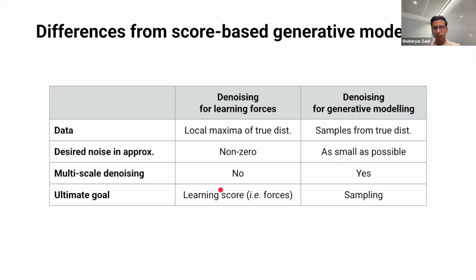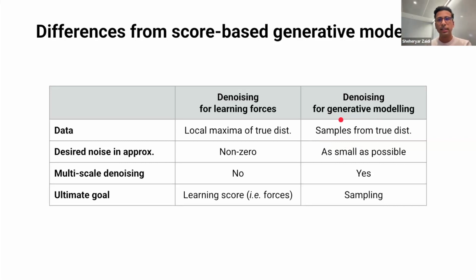Okay, and finally, I want to highlight a few differences between denoising for learning forces, as I just described, versus denoising for generative modeling as people use, for example, in diffusion models. One difference is that the data you have in this world of molecules is local maxima of the true distribution, i.e. modes of the distribution. Whereas when you're doing denoising for generative modeling, you have actual samples from the entire distribution.